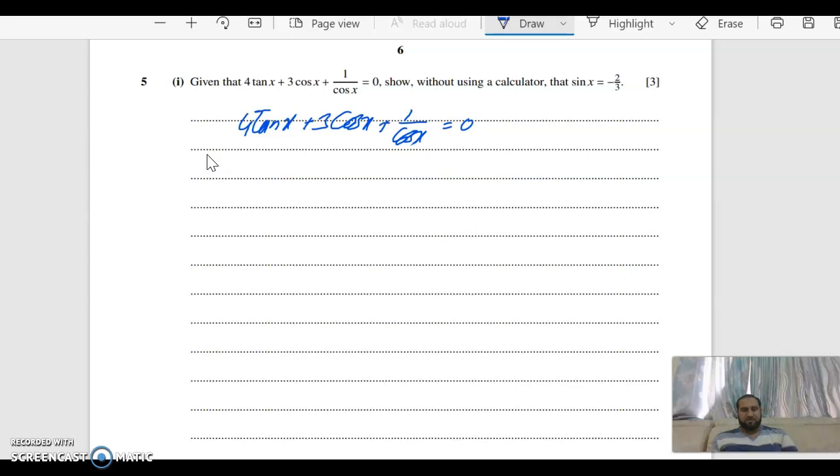In order to simplify this, we can multiply by cos x throughout. So this will be 4 tan x cos x plus 3 cos square x plus 1 equal to 0. Now, as you remember, tan x is equal to sine over cos, so it's a trigonometric ratio of sine and cos.